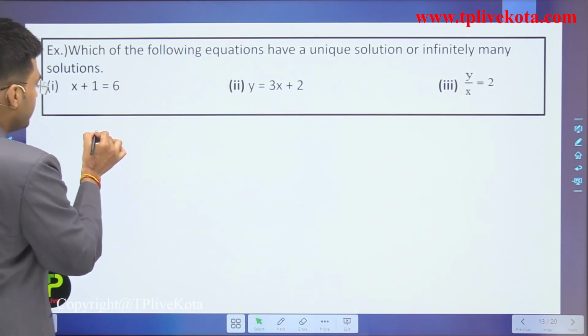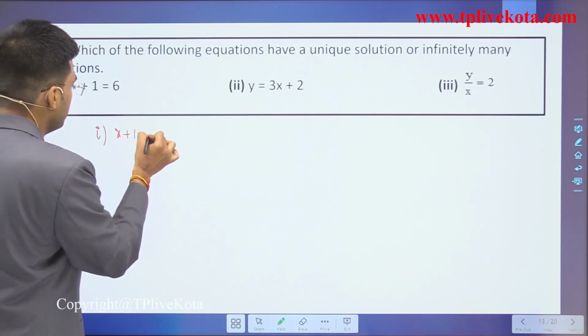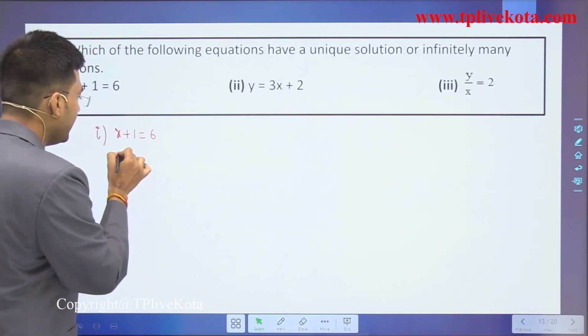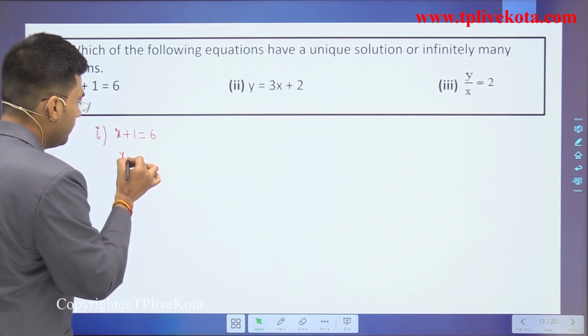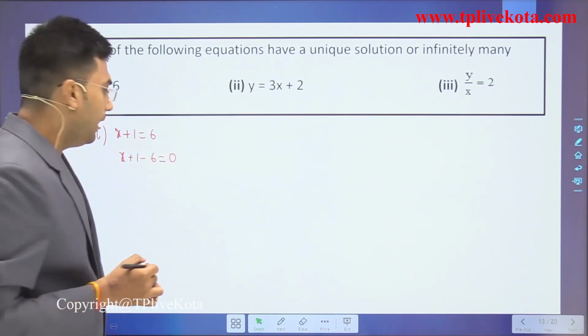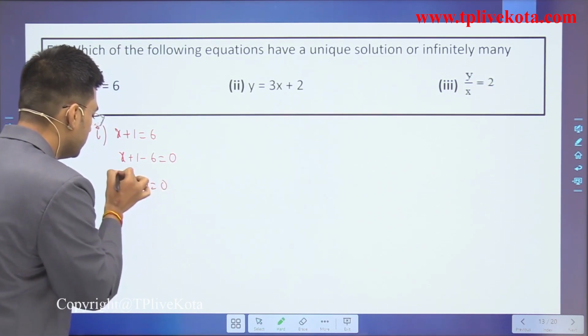Let's check the first one: x plus 1 is equal to 6. We can write it as x plus 1 minus 6 equals 0, and it becomes x minus 5 equals 0.